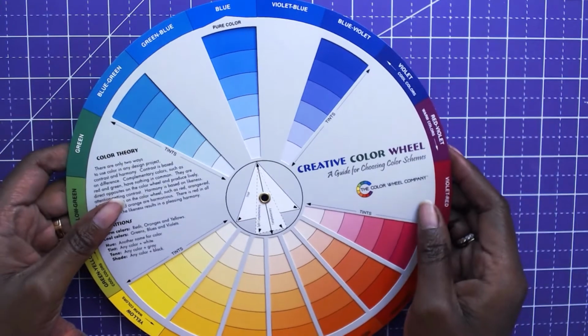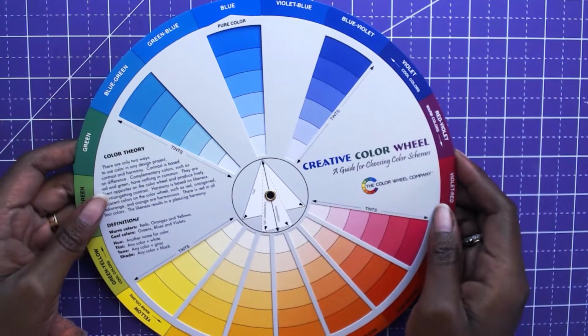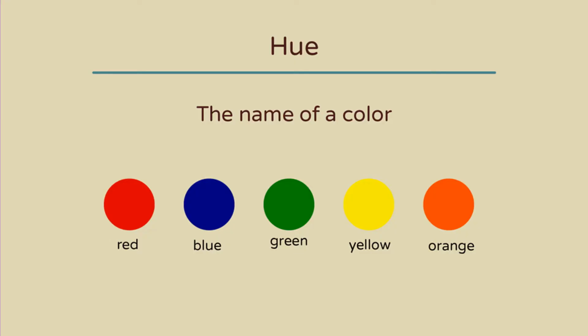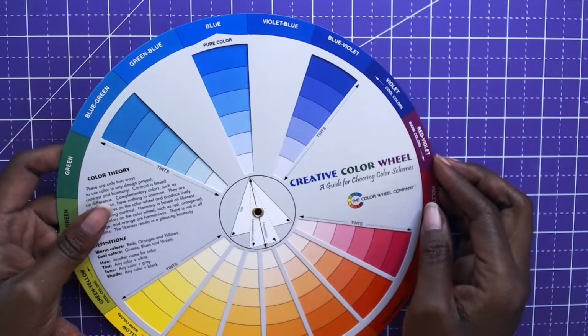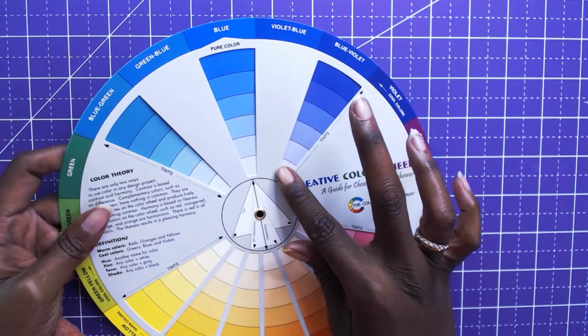First, before we look at the color wheel, let's talk about color itself. What is color? Well, another term for color is hue. The lightness or darkness of a color is its value. Value can be measured on a scale from 0 to 100%, with 0 representing white and 100 representing black.